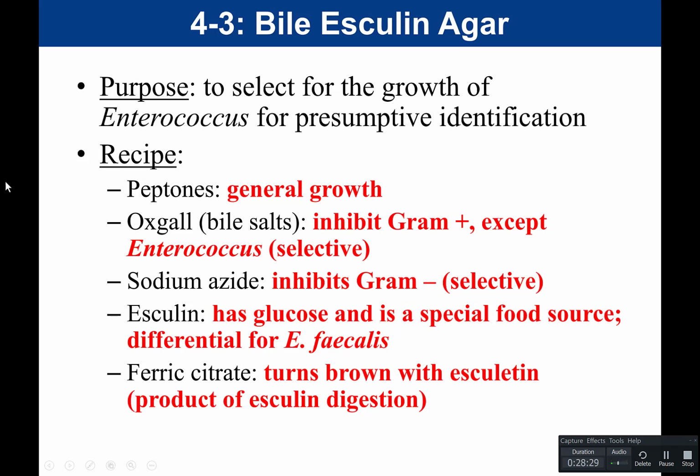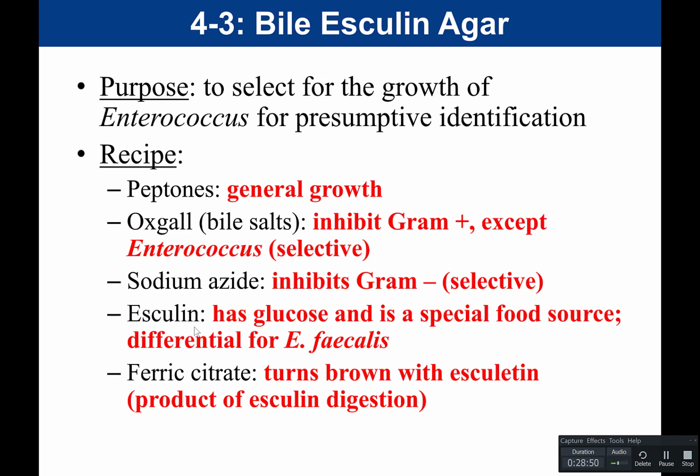We have our esculin. Esculin has glucose in it, and it's a special food source. It's differential for E. faecalis, meaning other Enterococcus species can grow on bile esculin agar, but they don't metabolize esculin. E. faecalis does.